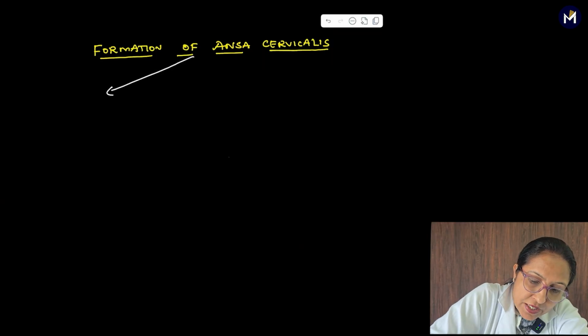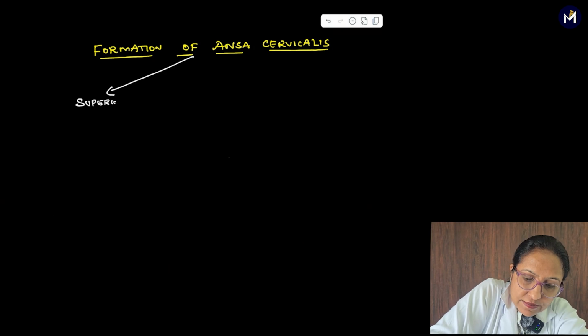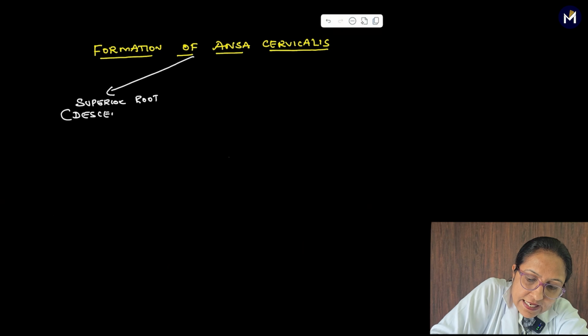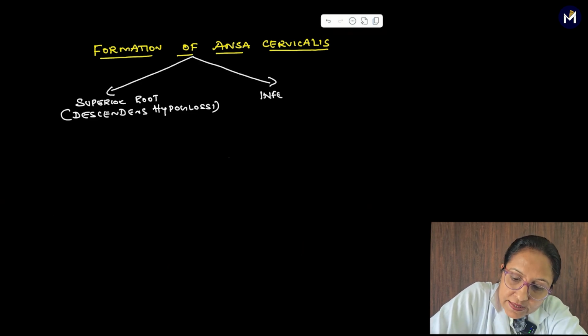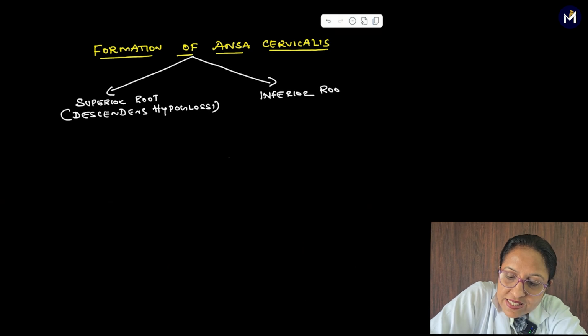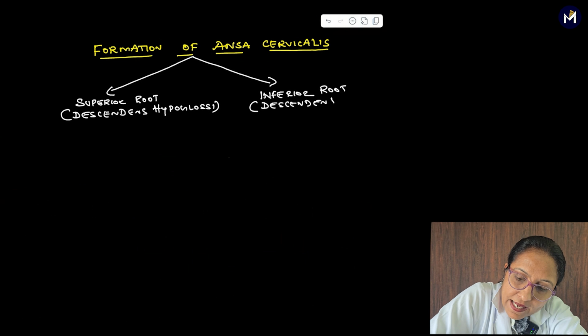One is superior root, otherwise called descendens hypoglossal, and another root is inferior root, which is otherwise called descendens cervicalis. Now, the formation of Ansa cervicalis, we shall learn with the help of a diagram.